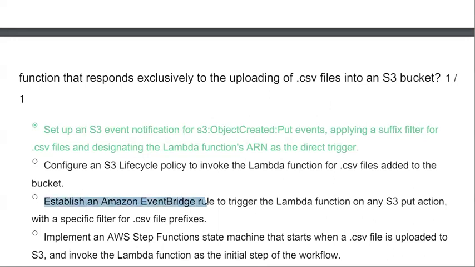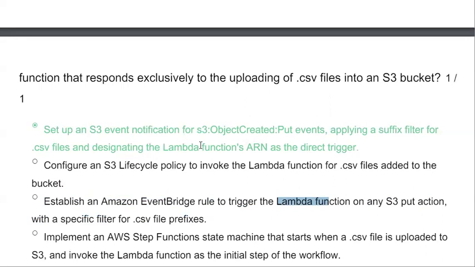Establish an EventBridge rule to trigger a Lambda function on any S3 bucket put object with a specific filter on the .csv file prefix. Maybe this is also valid, but this becomes complex, right? Yes. Even without using this EventBridge rule, we can trigger this Lambda function directly.